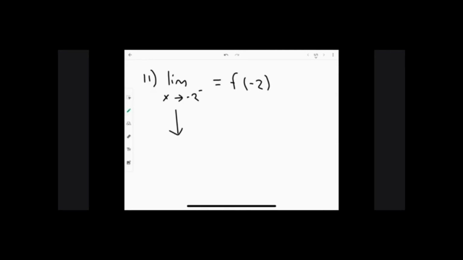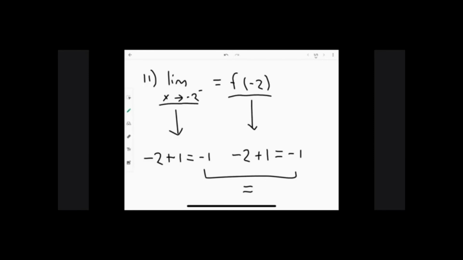We substitute minus 2 into it, so it becomes minus 2 plus 1, which is equal to minus 1. Same thing for f of minus 2, we substitute it into the first part of the function, and we also get minus 2 plus 1, which is equal to minus 1. So minus 1 and minus 1 are equal to each other, so we know that the limit as x goes to minus 2 minus and f of minus 2 are also equal. Therefore, part 1 is true.